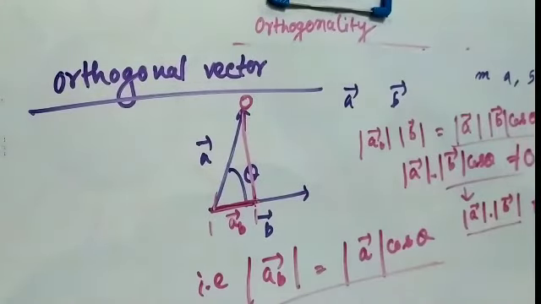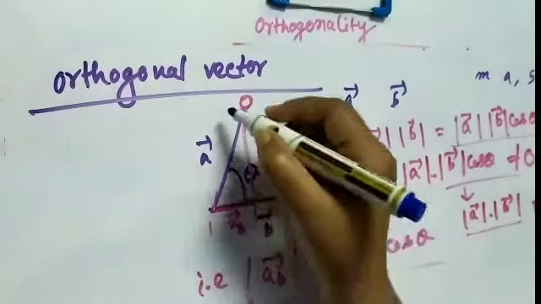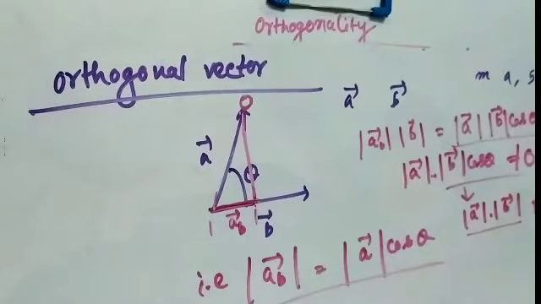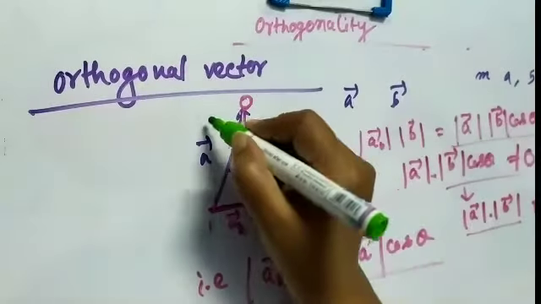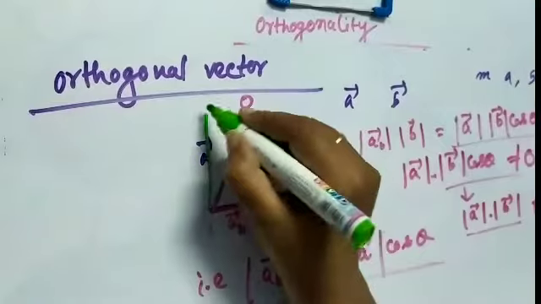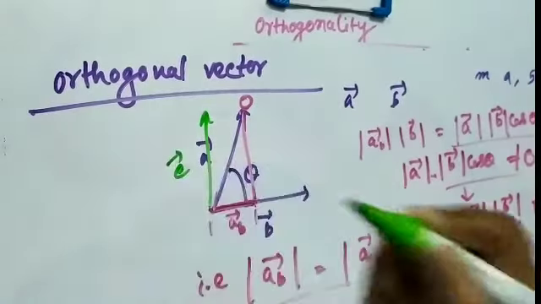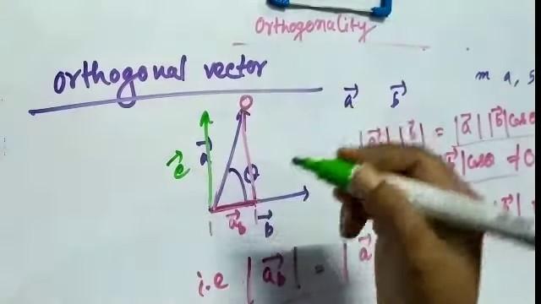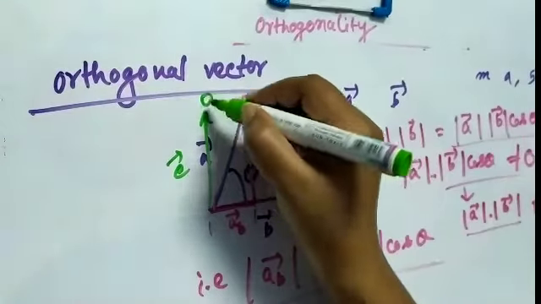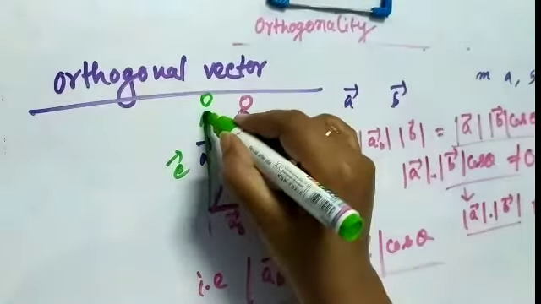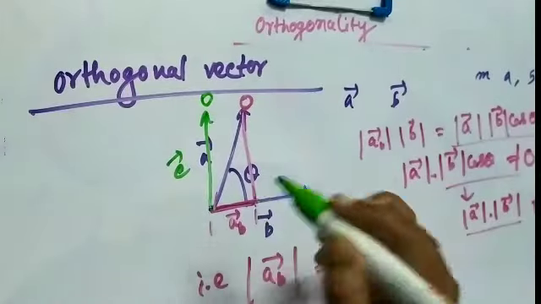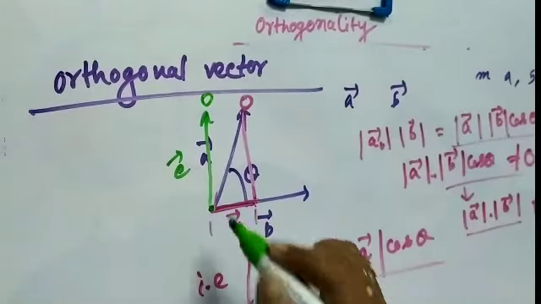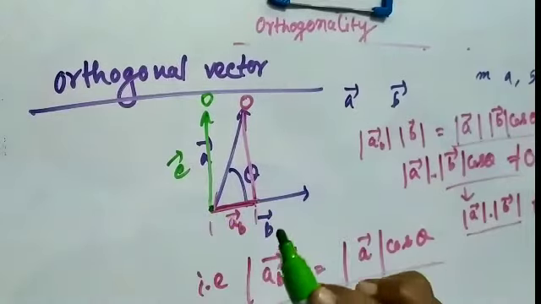But if we have another vector like C, suppose here another vector C, as you can see, by the same way, if we put a light on this point, the shadow of this vector on B will just become a point. It will not create any value.